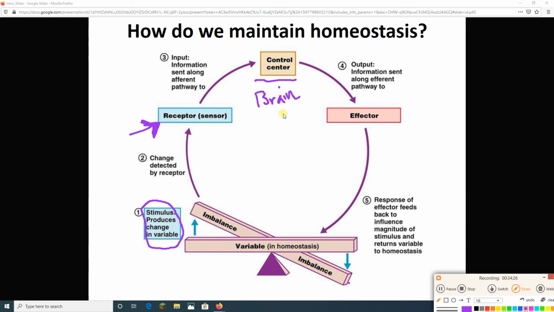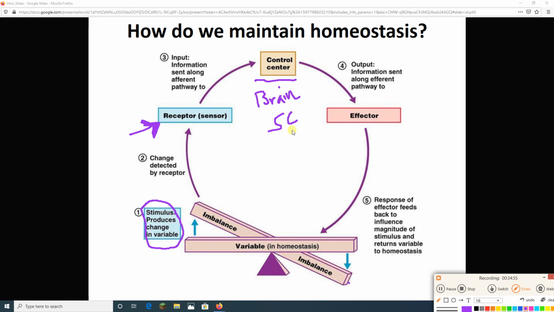If it's not the brain, it's probably the spinal cord. So we have a variable, for example body temperature or blood pressure. If it changes, we detect that change with a receptor. Then we send that information to the control center, which is often our brain or our spinal cord.